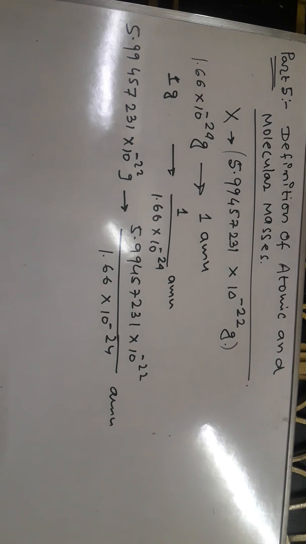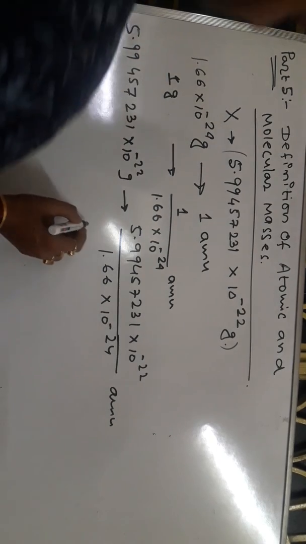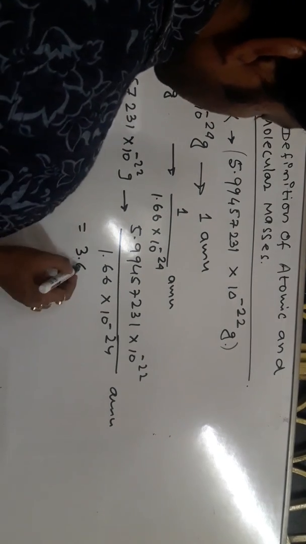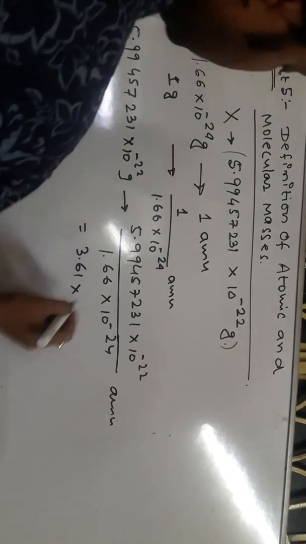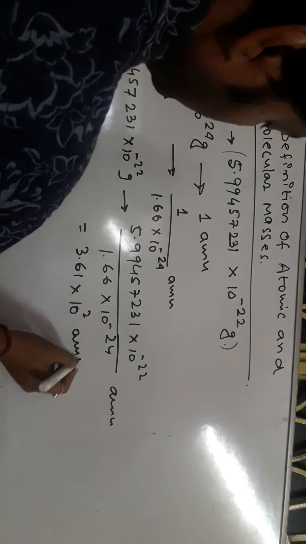I was bringing the calculator, so I will tell you the value exactly. 5.99457231 divided by 1.66 gives me almost 3.611, so you can take 3.61 into 10 to the power 2 AMU.